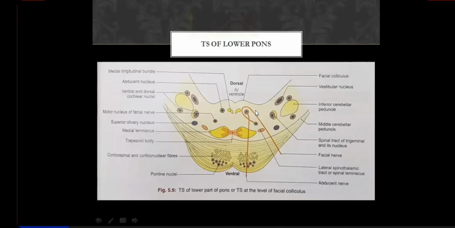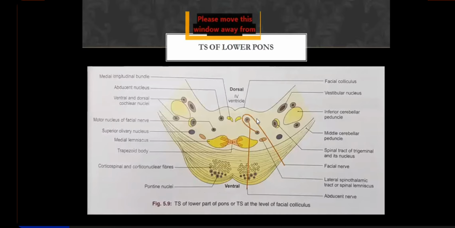Remember, they were carrying the proprioceptive sensations, gracilis from the lower half of the body, and that was also called the tract of Goll, remember? And the tract of Burdach was the fasciculus cuneatus, and the tract of Goll was fasciculus gracilis. And they were the first order neurons.